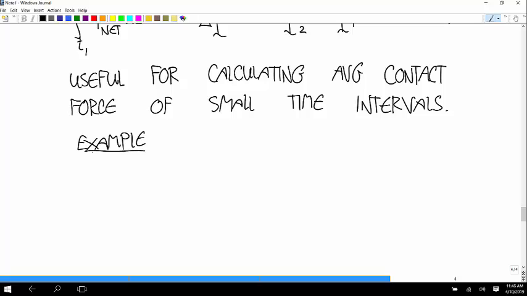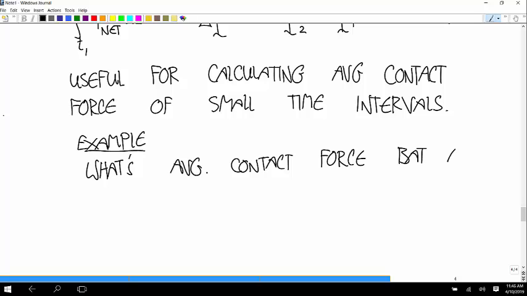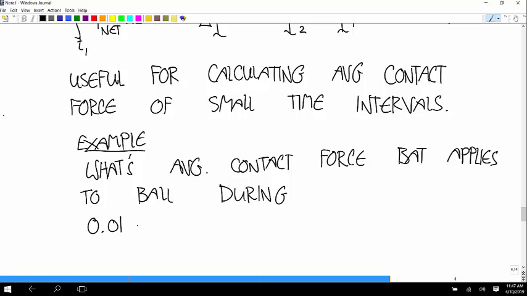Let's say that we want to calculate the average contact force that a baseball bat applies to a ball during a 0.01 second contact.